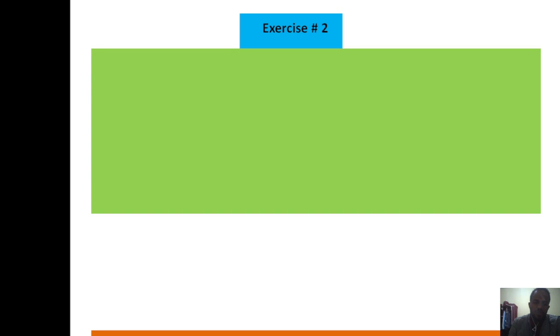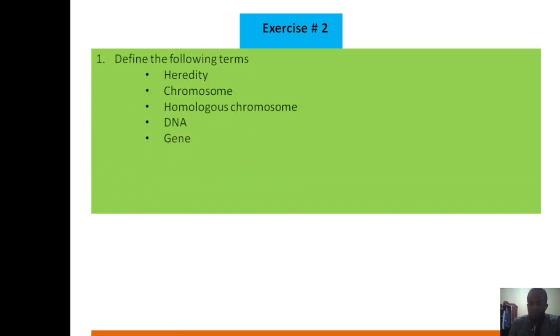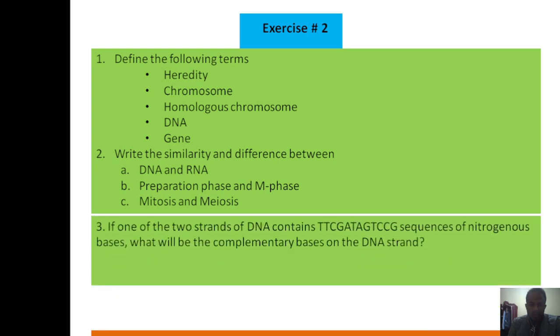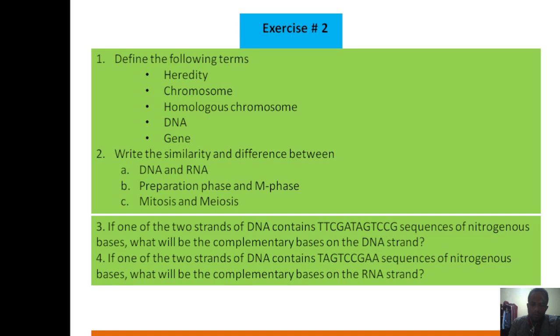As an activity, just try to do these questions. You have to define heredity, chromosome, homologous chromosome, DNA, and gene. Then you have to write the similarities and differences between DNA and RNA, and between the preparation phase and the M phase, and also the similarities between mitosis and meiosis. For the third question, you have to answer the complementary bases based on the DNA strand, and the fourth, the complementary bases based on the RNA strand.